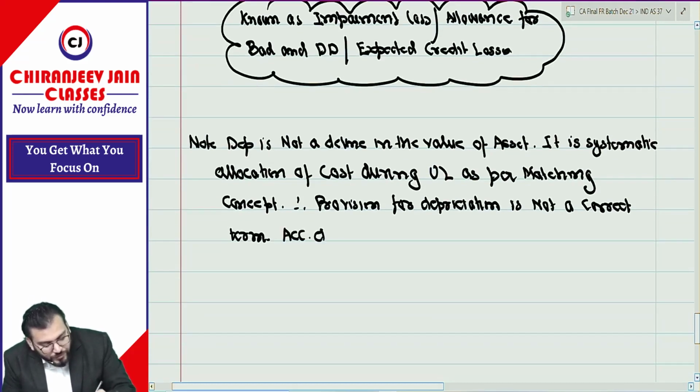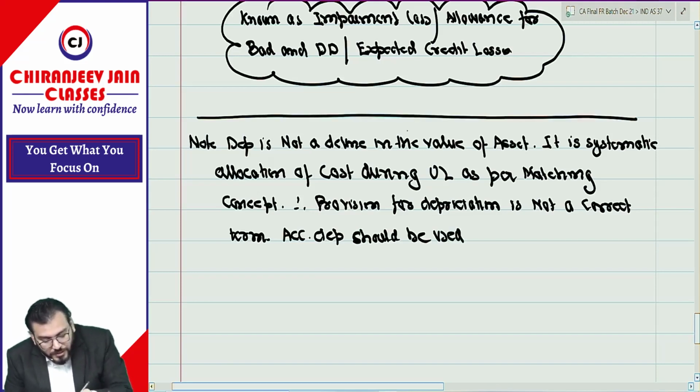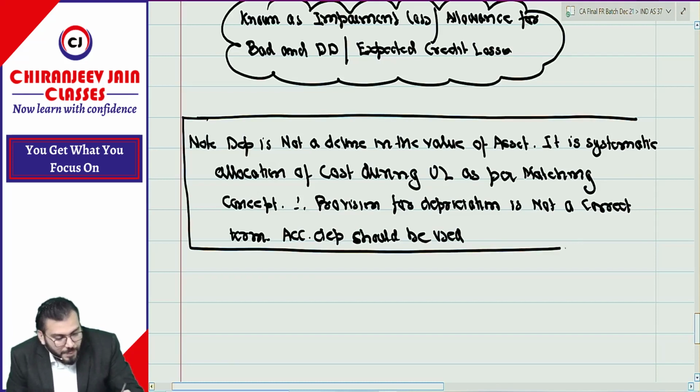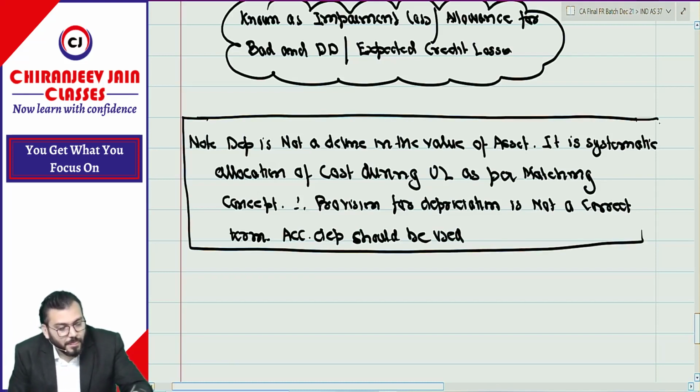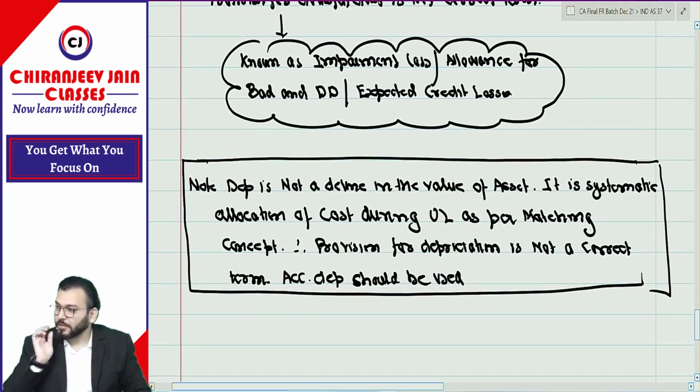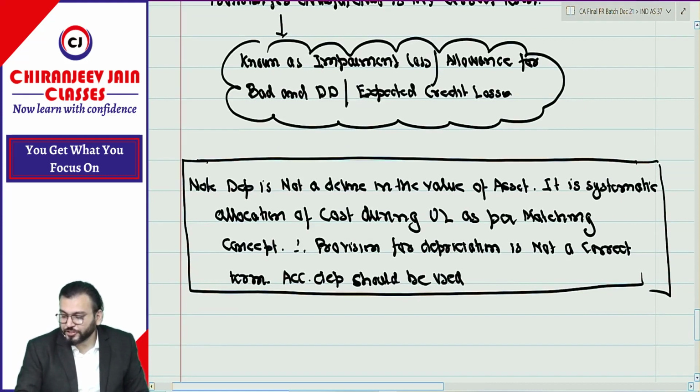Accumulated depreciation should be used. We are using it. Understood. Accumulated depreciation should be used instead of provision for depreciation.